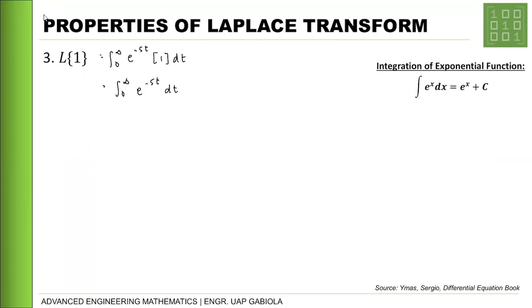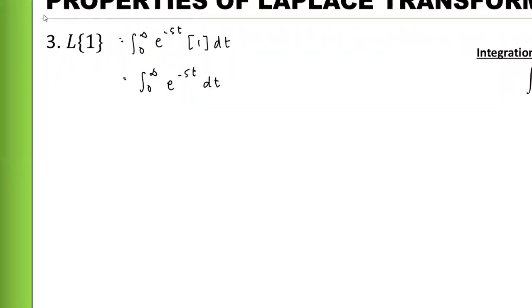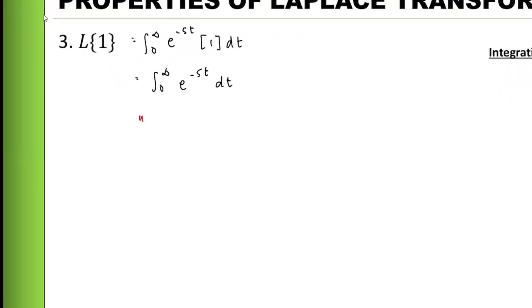So, kaya makikita nyo dito, meron ako as a reminder kung paano ang integration ng exponential function. So, before we can integrate e^x plus c, we need to satisfy na yung exponent natin is corresponding dun sa derivative natin dito. Okay? So, when we let u, ito, try natin u is equals to negative st, ang derivative niya is equals to negative s dt.